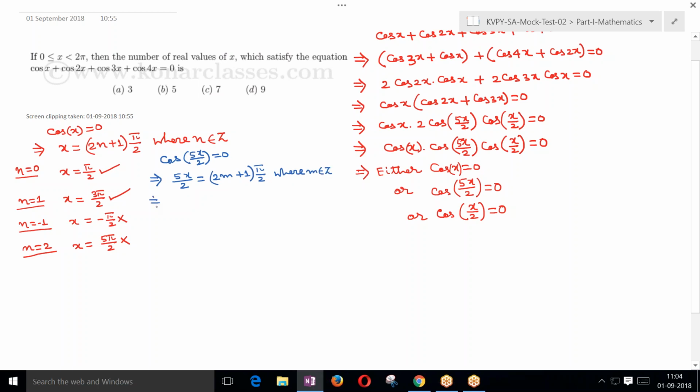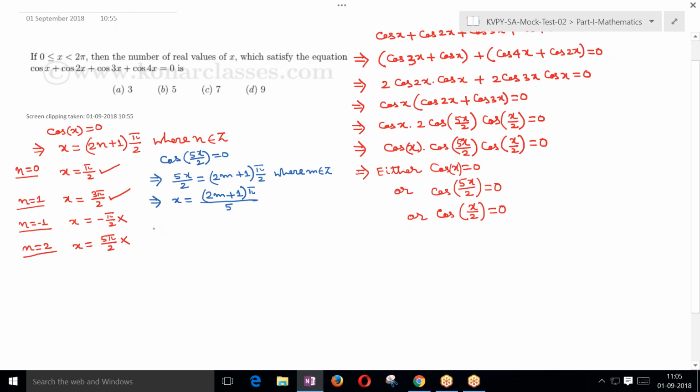So if we simplify further, from here we get x is equal to 2m plus 1 into pi by 5.